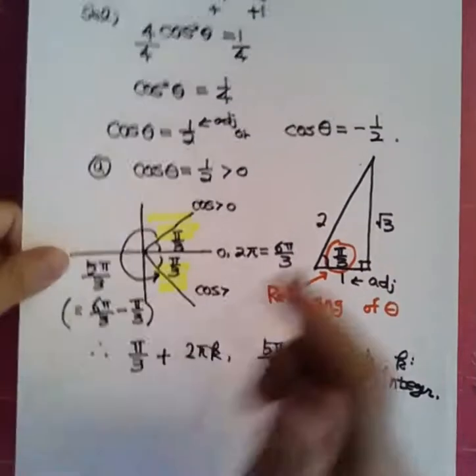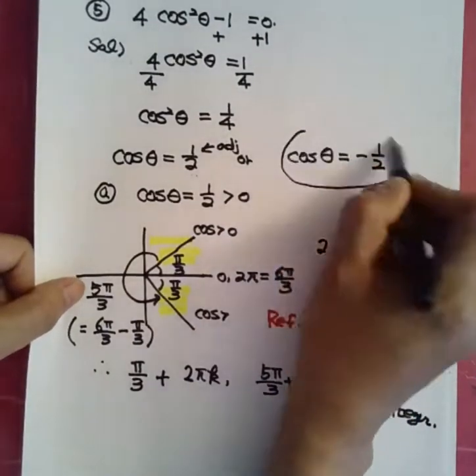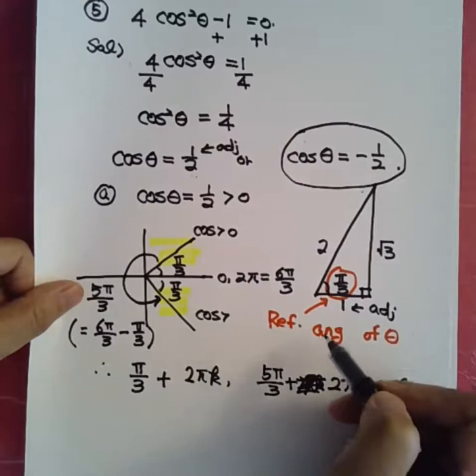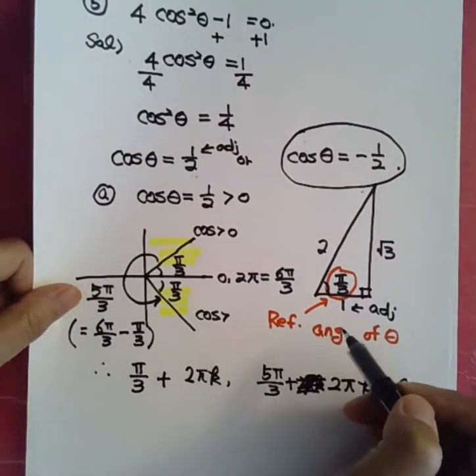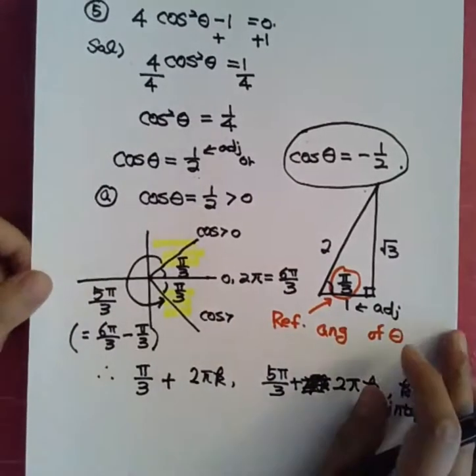When the cosine value is negative, the reference angle will be the same, but the angle location will be different.